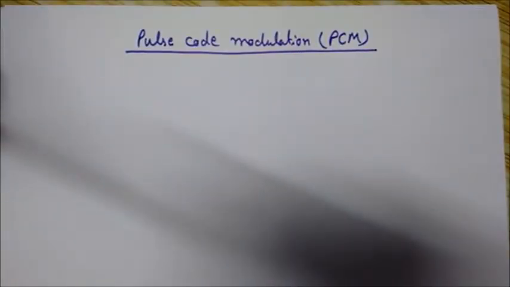PCM is a digital technology using which it is possible to transmit any analog signal in the form of binary bits. Binary means zeros and ones.